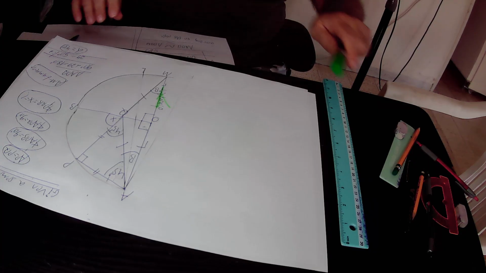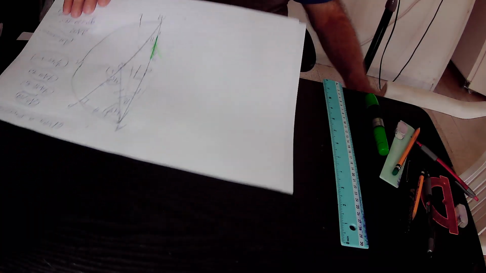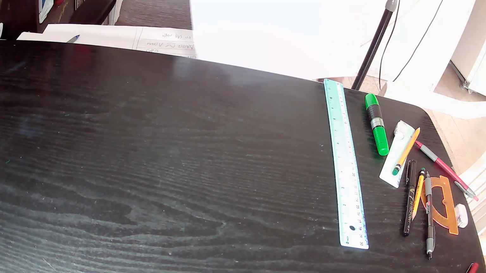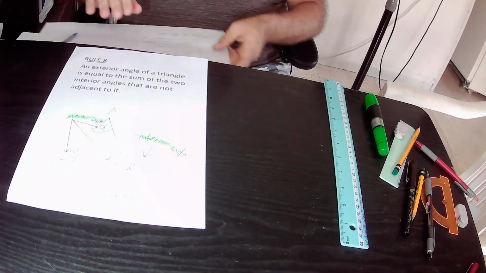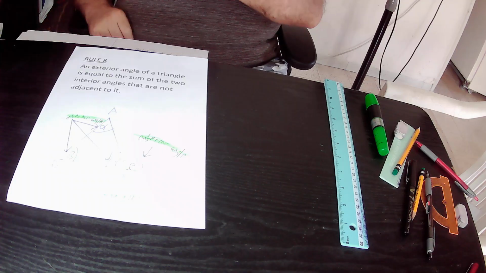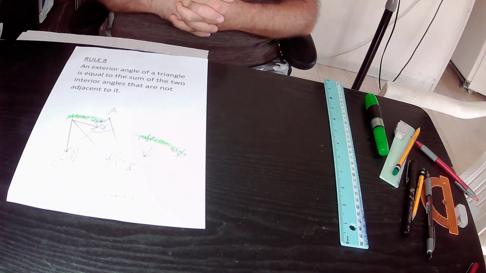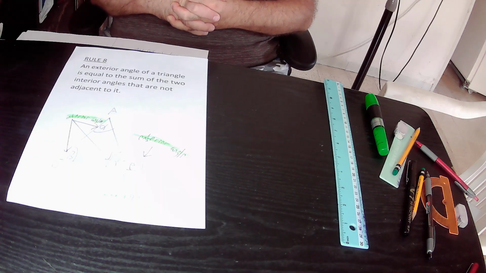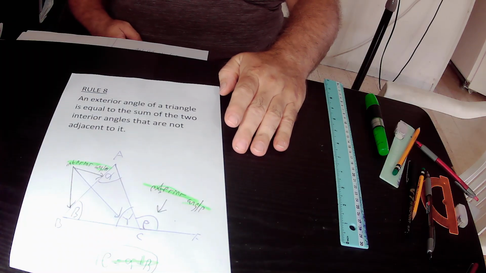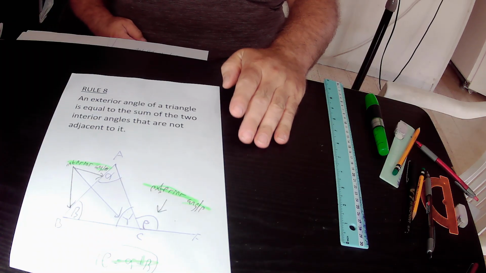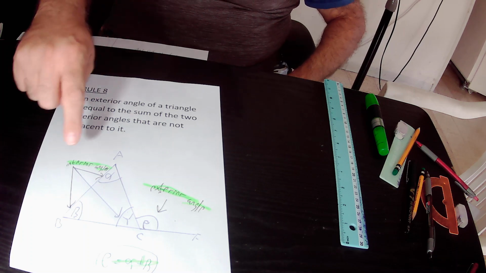According to rule 8, an external angle of a triangle is equal to the sum of the two interior angles that are not adjacent to it. Again, an external angle of a triangle is equal to the sum of the two interior angles that are not adjacent to it. So in the drawing we have triangle ABC.